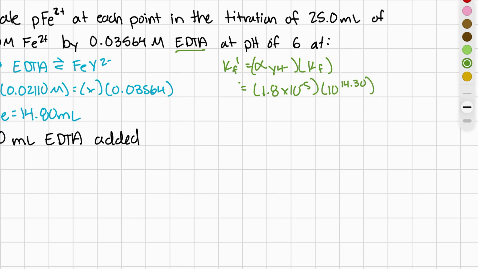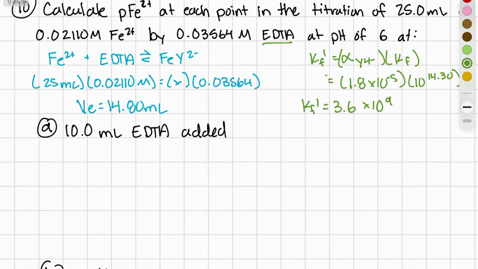And again, this comes from a table where it gives you the log Kf values. This is technically table 12.2. So it tells us the log Kf values for each of the metals that we might be using. And so for our case, that was 14.30. And so to get it out of log, I'm going to do 10 to this value. Okay. And this tells me that Kf prime equals 3.6 times 10 to the 9. And that does seem like a large number, but that is what we're looking for in this case.